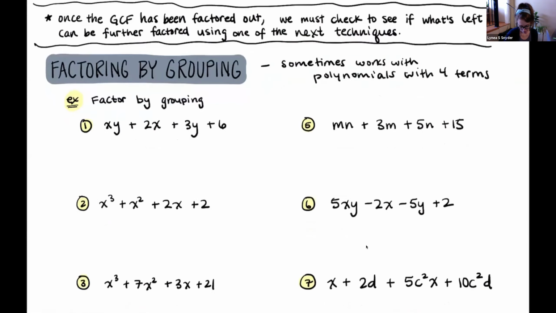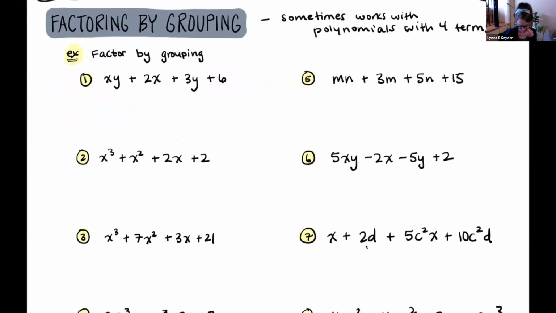So for example, number 1 here is xy plus 2x plus 3y plus 6. Okay, so 4 terms, right? We've got term 1, term 2, term 3, term 4.